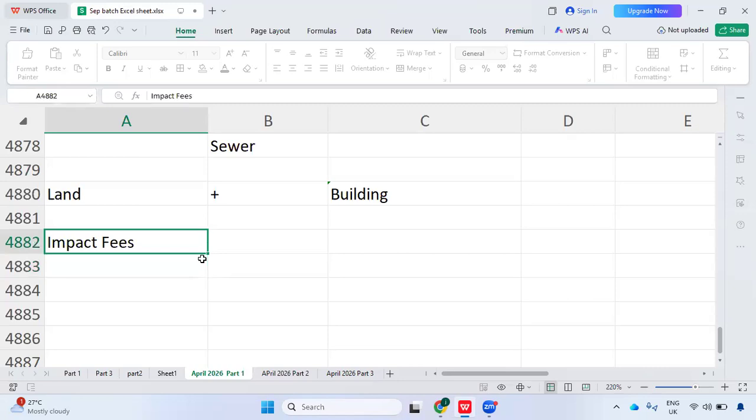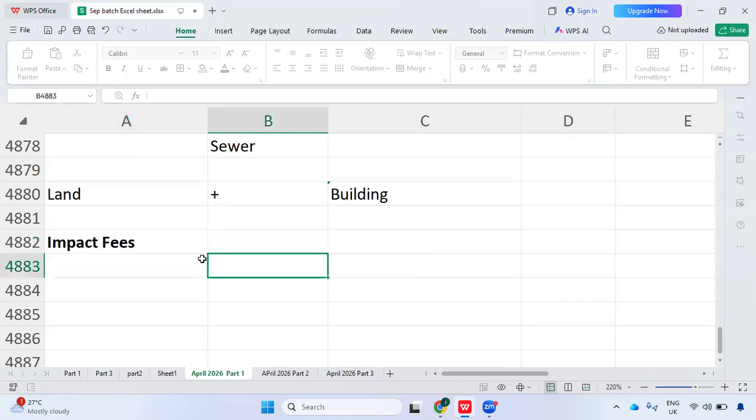So these impact fees will be again added to the basis. We need to pay these fees to the local level governments, either the city, the county, or in some cases the town. All those impact fees will be added to the basis, because in new construction cases, what will happen?